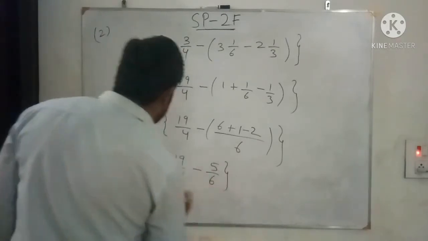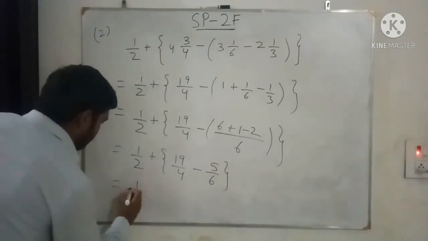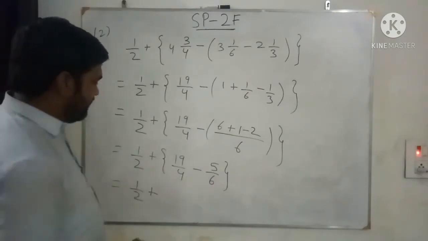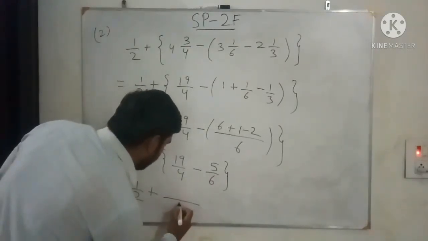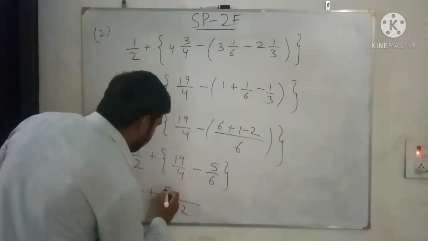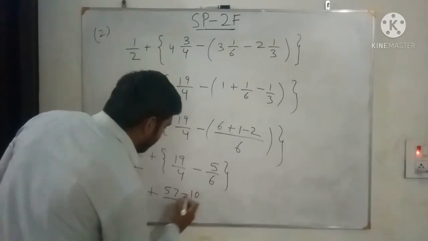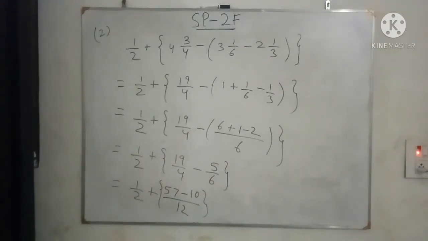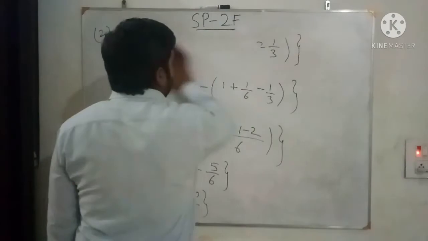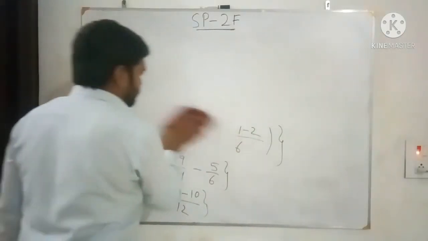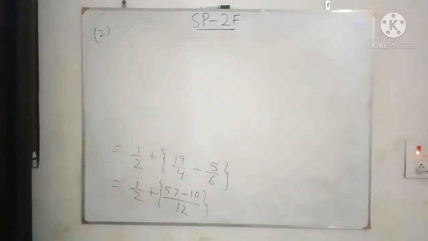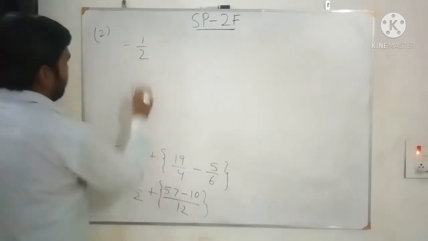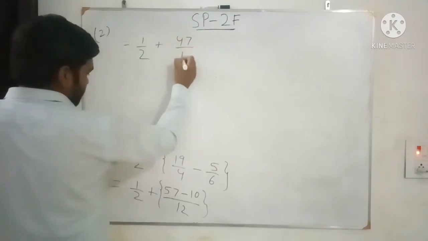Now minus 5 by 6. 1 by 2 plus... no, the LCM of 4 and 6 is 12. 4 3s are 12, 19 3s are 57. 6 2s are 12, 5 2s are 10. Minus, 47. 1 by 2 plus 47 by 12.